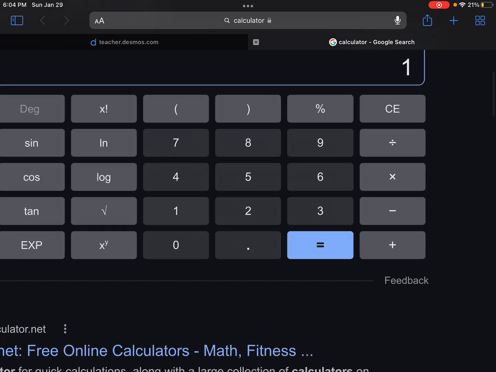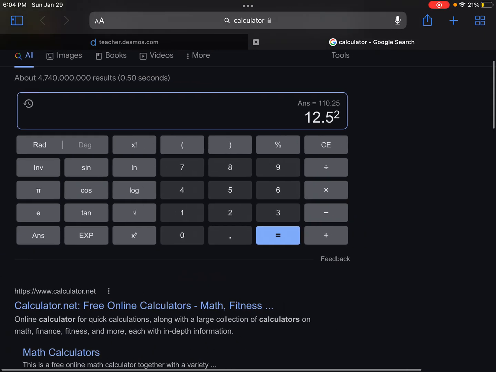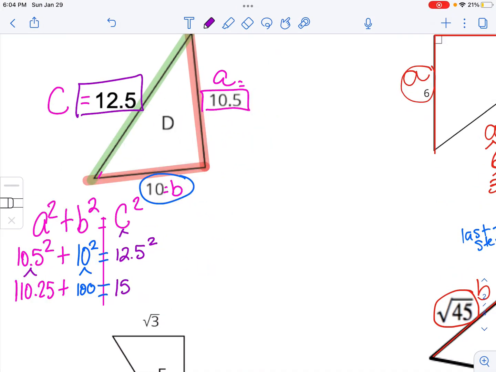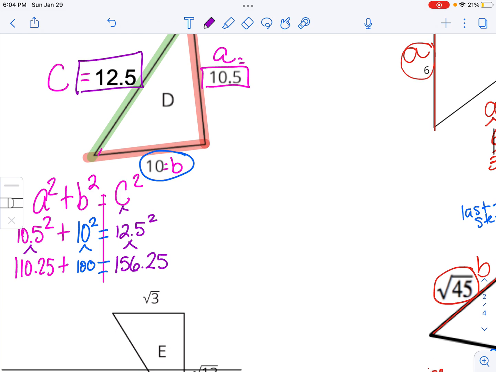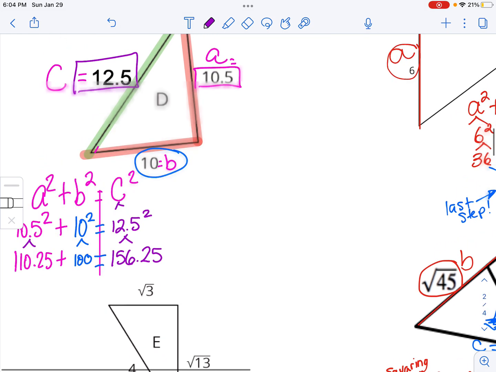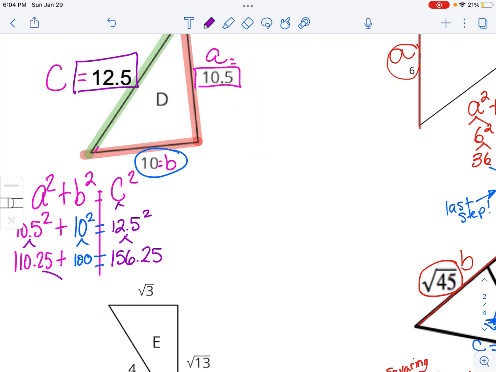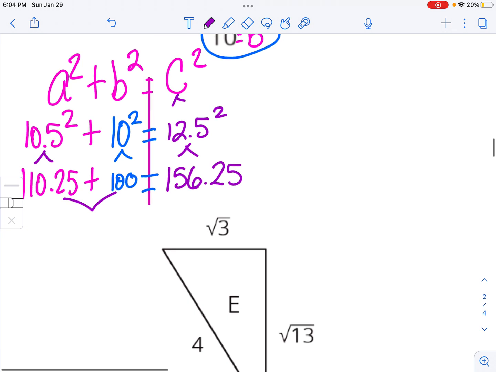I don't know that. 12.5 squared is 156.25. Okay. Now I have to check. Do these two numbers add up to 156.25? So I'm going to go ahead and write 110.25 plus 100.